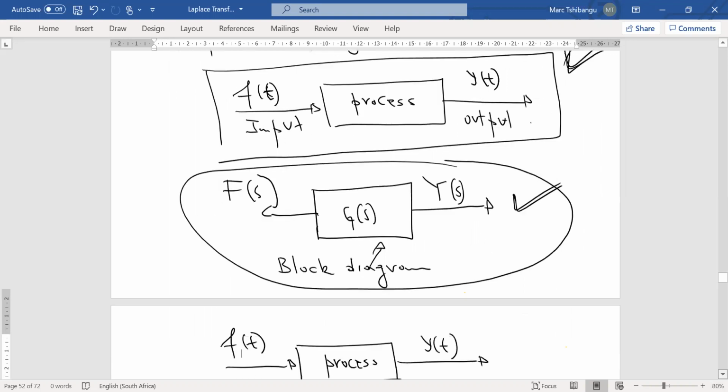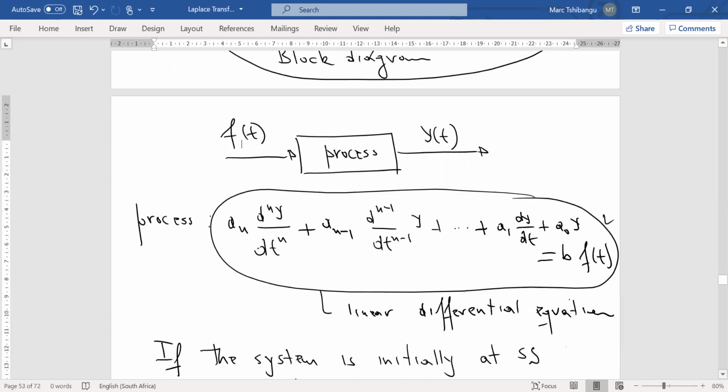And then we considered a SISO, which is a single input and single output system. We've got a single input f of t and a single output y of t. If our process is described by a differential equation, which is linear, by the way, then we can take the Laplace, because what we want is the transfer function of this process. So it's important that we take the Laplace so we can be in the s domain.